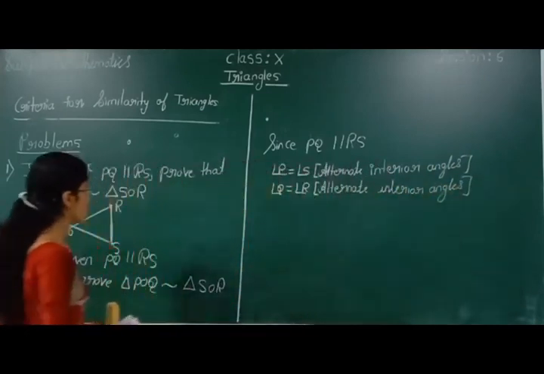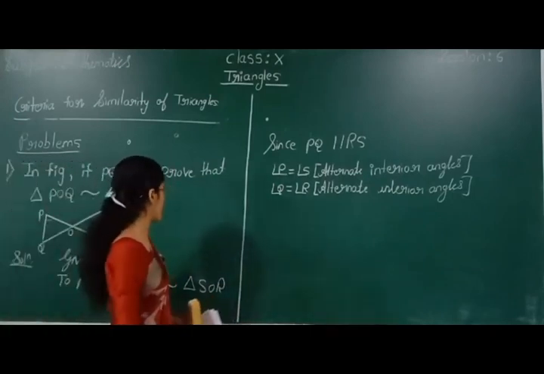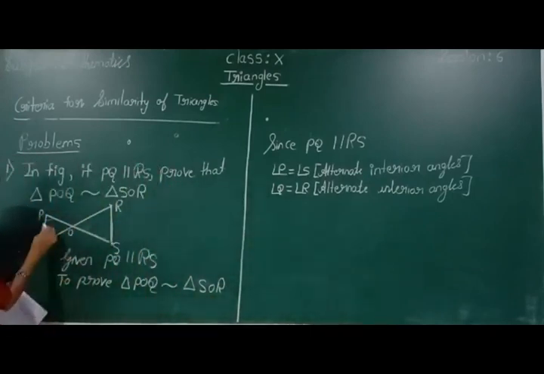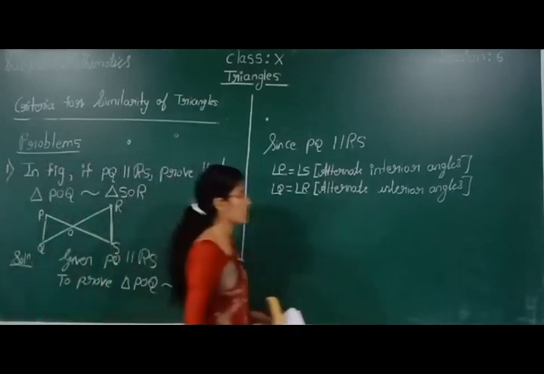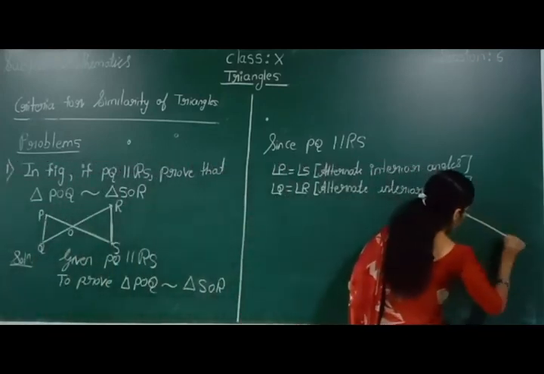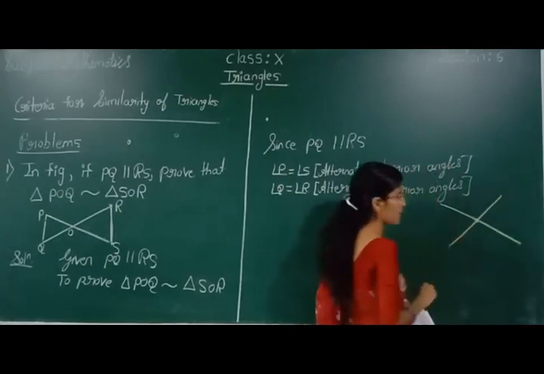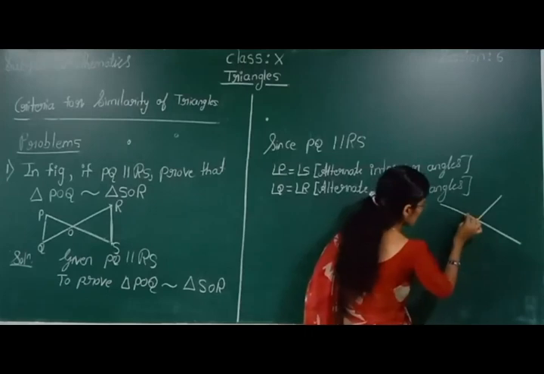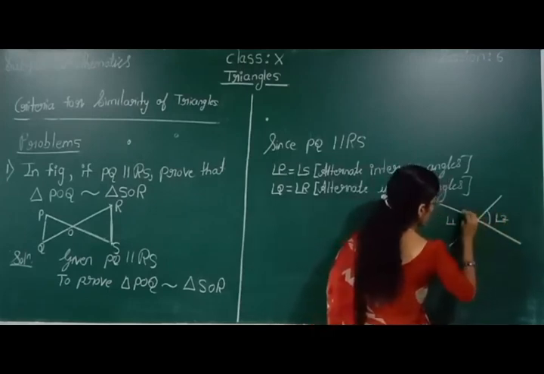Now again if you look at the figure, observe here carefully, angle POQ is equal to angle ROS. See here, you would have remembered, if two lines are intersecting at point O, angles are going to be formed.